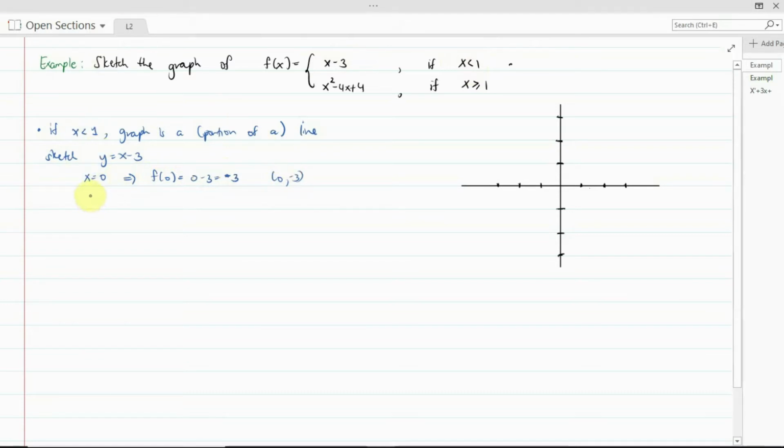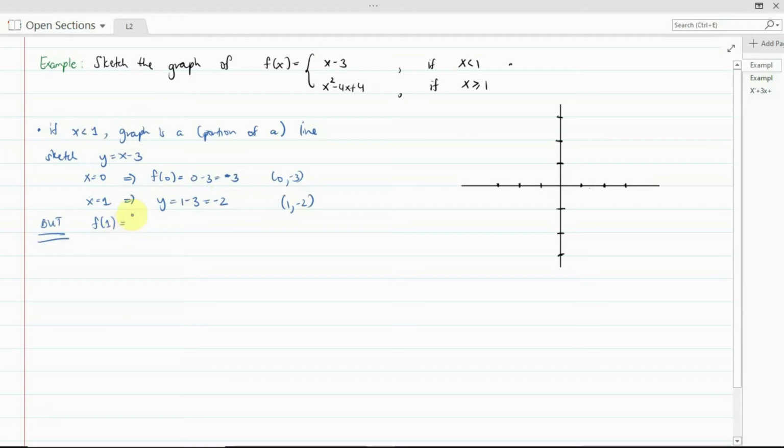Okay? What about when x equals, try naman natin si 1. Ano si y? Dito, from here, it's 1 minus 3 or negative 2. So, we have the point (1, negative 2). However, please take note, ano si f of 1?